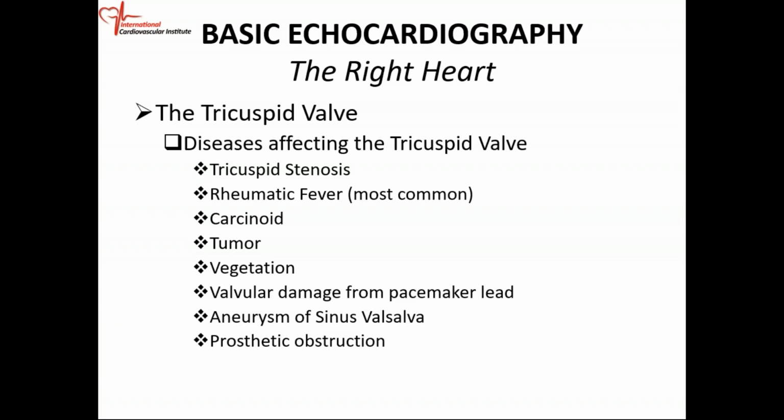So just imagine a waxy material building up on the tricuspid or the pulmonic valve. It's going to make the valves stenotic and incompetent at the same time. So that's carcinoid. It's usually a tumor in the gastrointestinal tract.